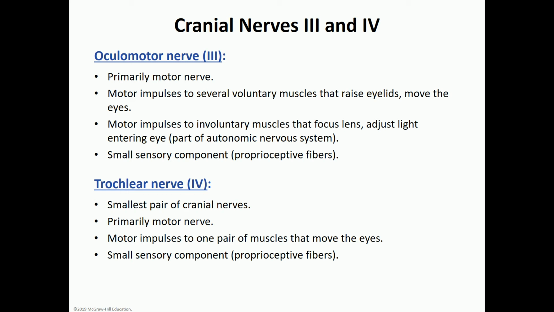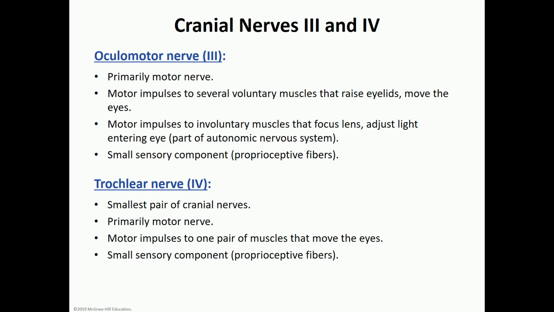Cranial nerves 3, 4, and 6 share that they are primarily motor nerve fibers, so they are going to control the movement of the muscles of the eye, and they have proprioceptive fibers. So through these fibers, you are able to tell where your eye is. Is it looking to the right side or to the left side? Is it lateral or medial, up or down, and so on? So that would be your proprioceptive fibers.